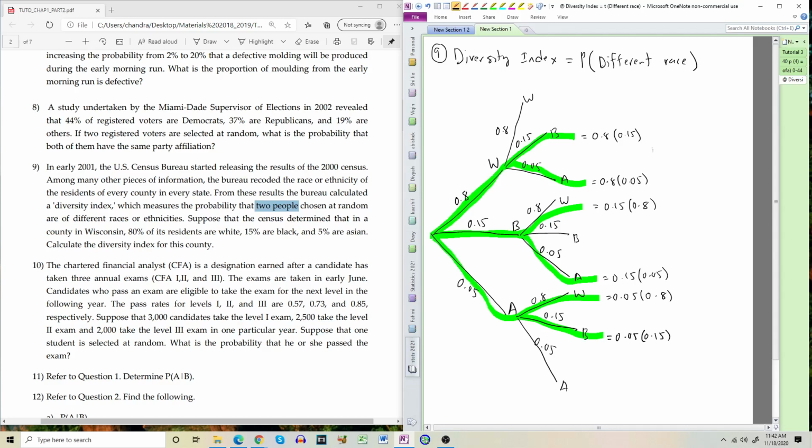If you plus all these things, your answer should be 0.335. Okay.